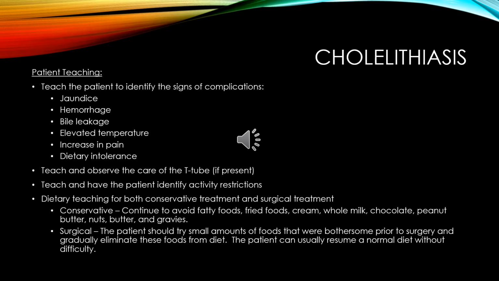Okay, some patient teaching that we would need to share with the patient would be just how to identify the signs and symptoms of things that they need to be worried about.